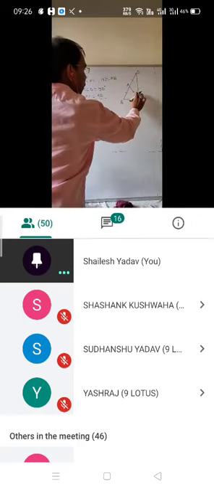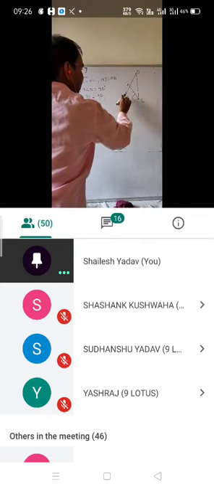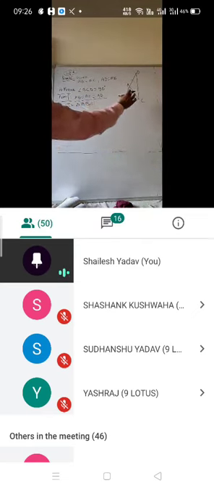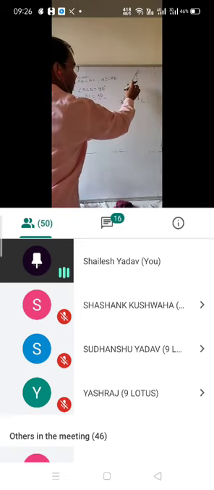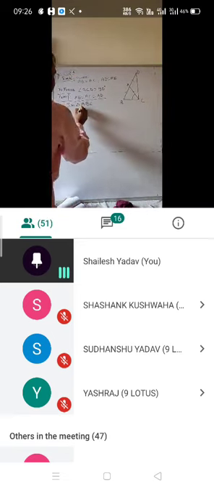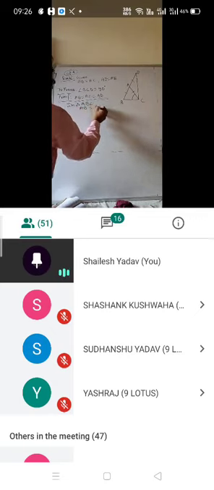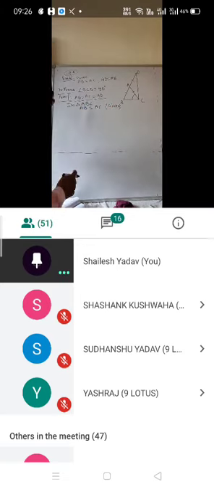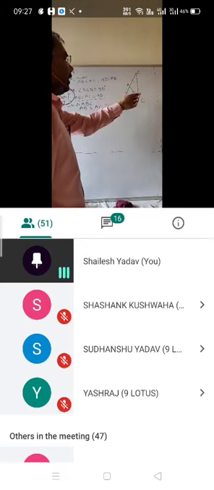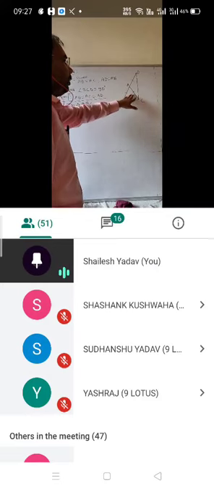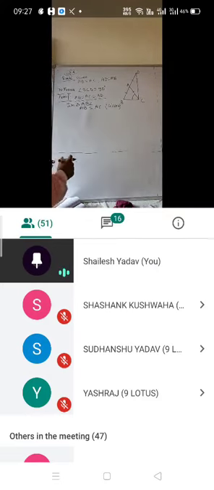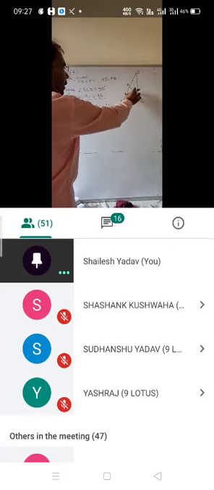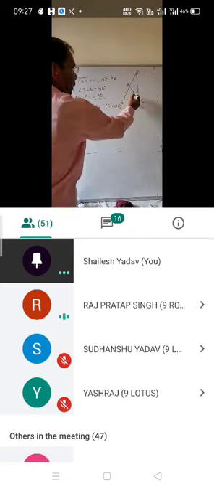Now I am going to take triangle ABC. In triangle ABC, it is given that AB equals AC. Students, if in a triangle two sides are equal, then surely two angles will be equal. Which two angles will be equal? I had explained that yesterday also.